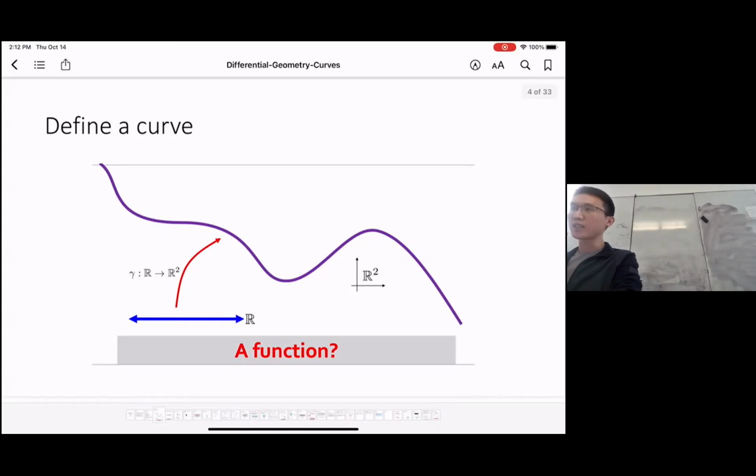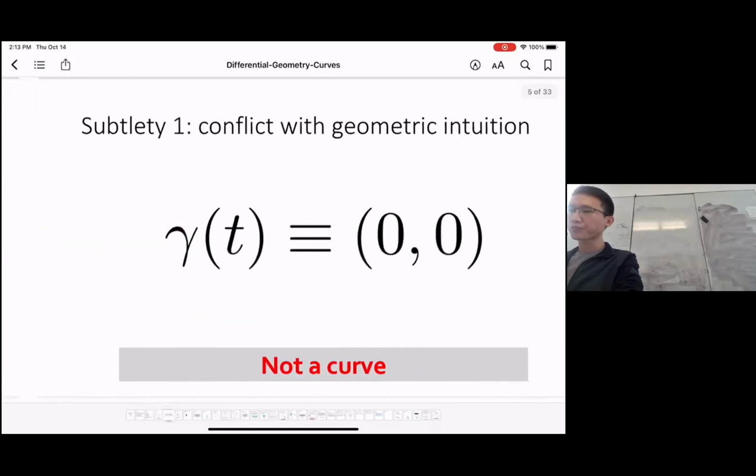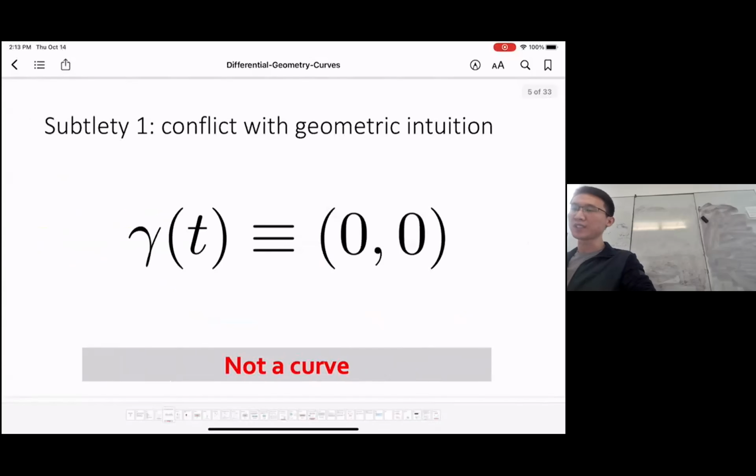This is the definition we used to see, but is there a problem with this definition? And then in differential geometry, how do we formalize it? We see several subtleties that make this function definition conflict with our intuition. The first subtlety is that geometrically, a curve should be like a curve, right?